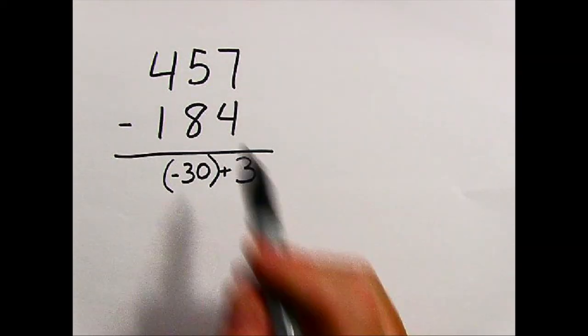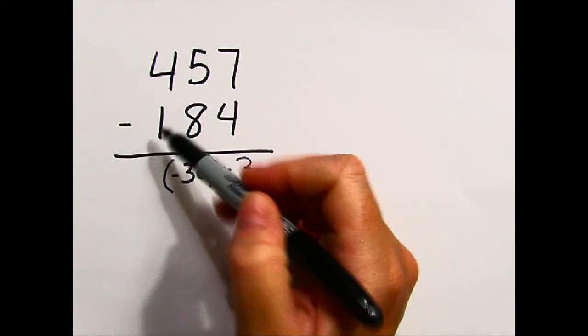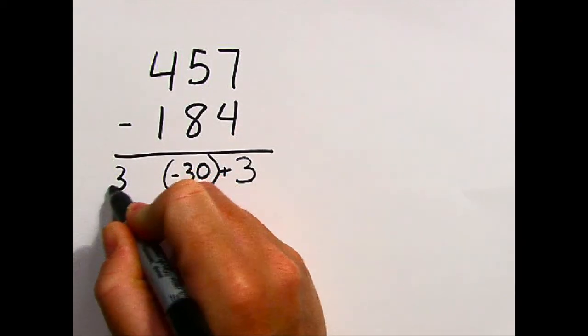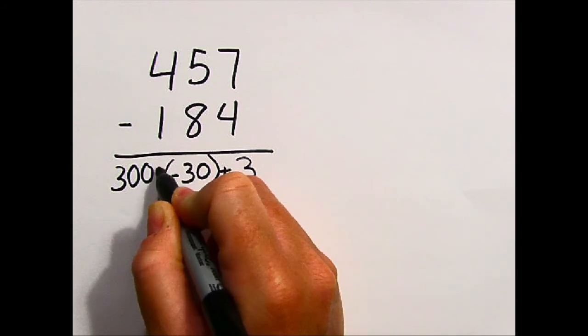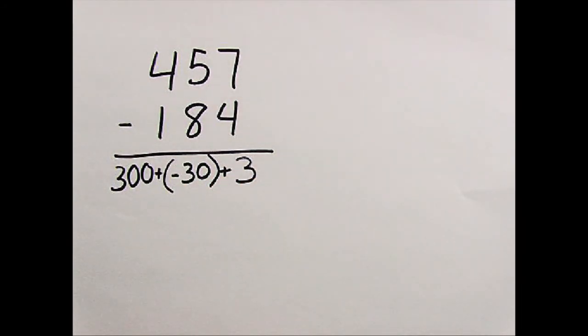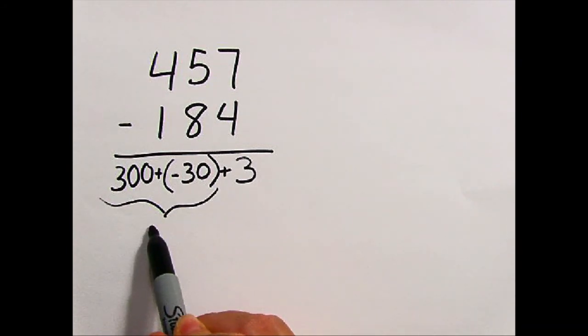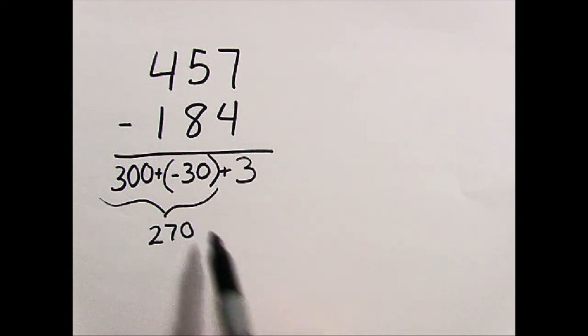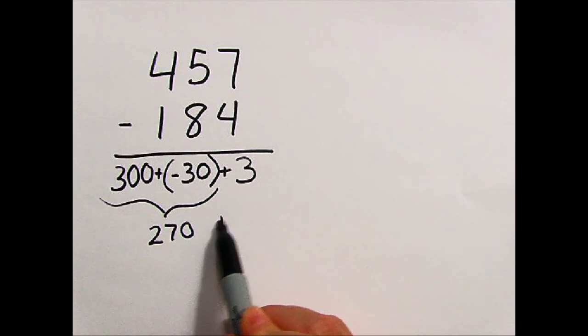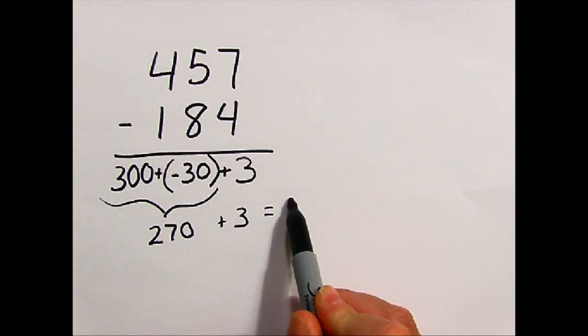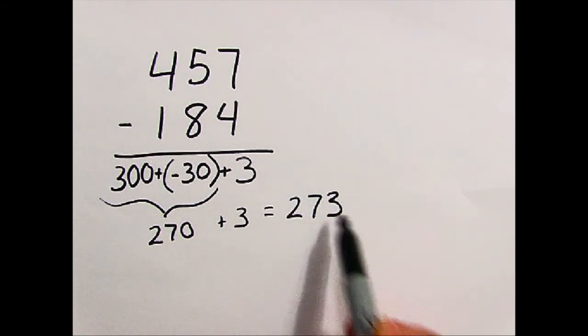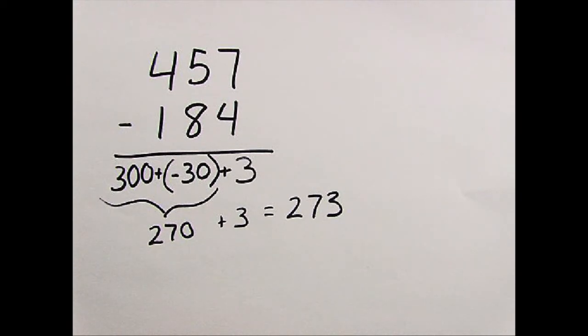And then finally 400 subtracting 100 leaves me with a positive 300. Then combining those values, we have 300 plus a -30, which would give us 270. Add that to our 3 ones, and we have the difference of 273.